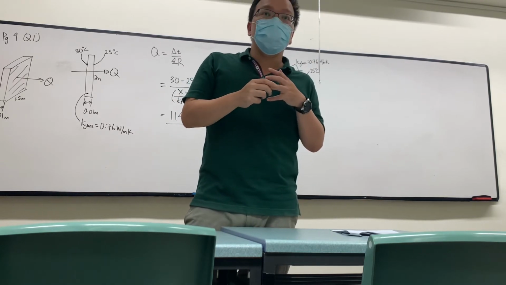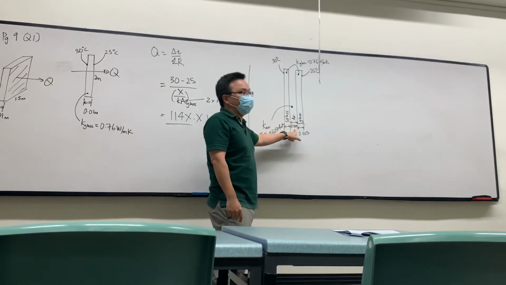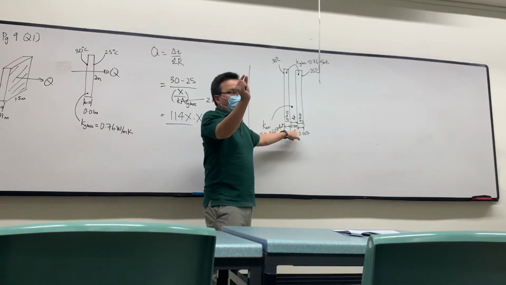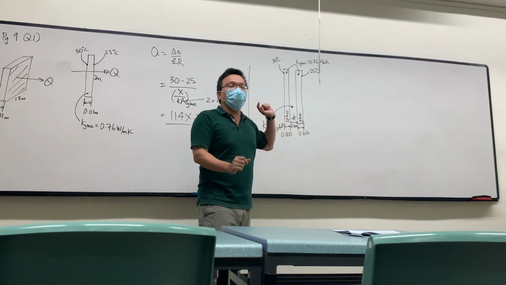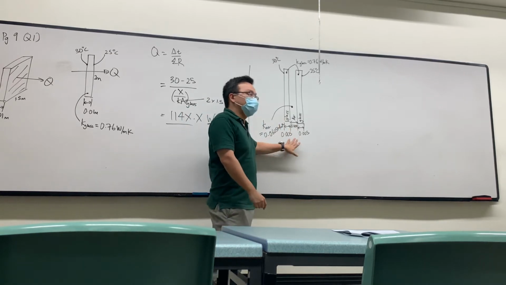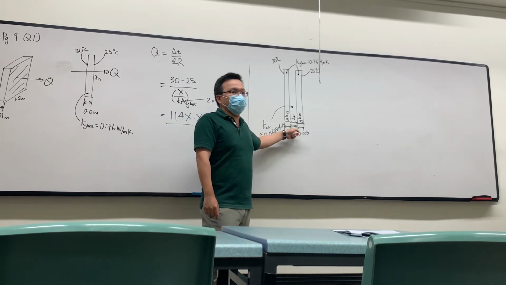Clear enough? But in this case, because your air gap is very, very small, conduction becomes the predominant mode of transfer. Understand this part? When you go out and work and you need to calculate this kind of thing, you have to decide on your own, should it be conduction or convection.